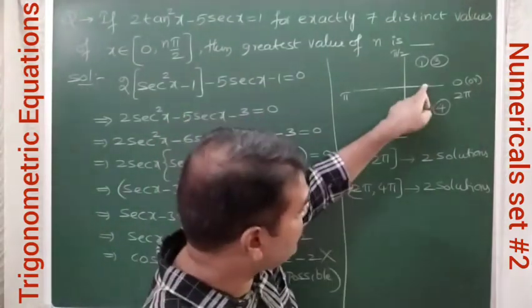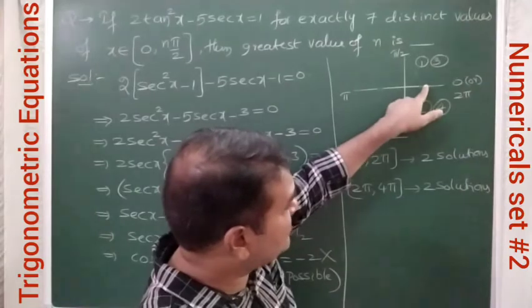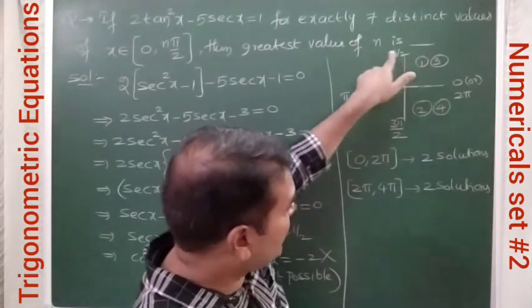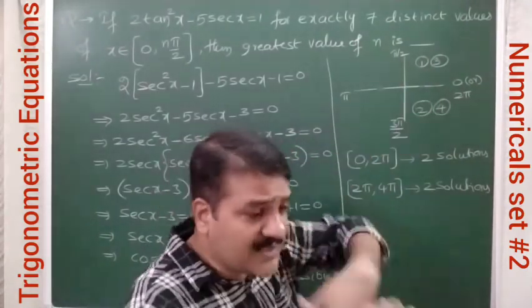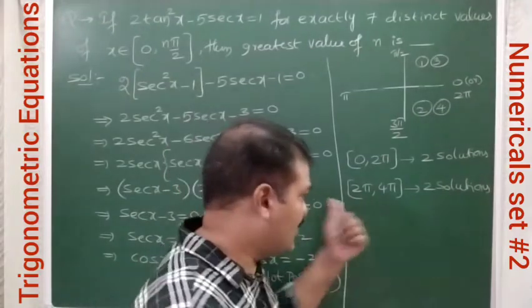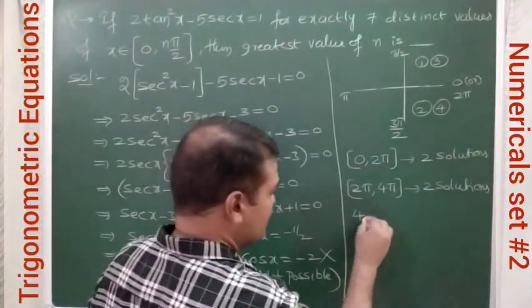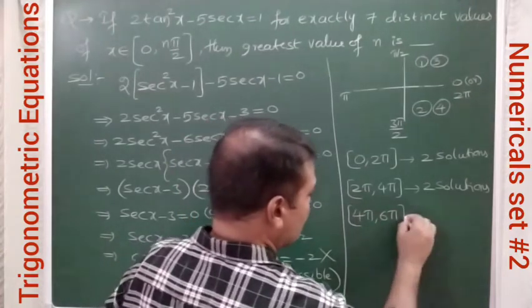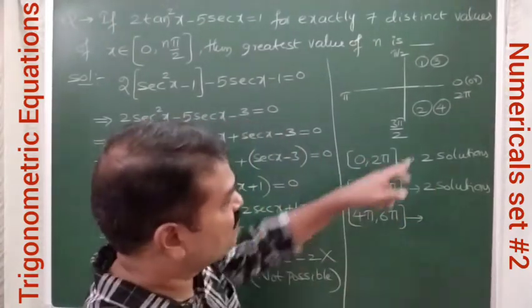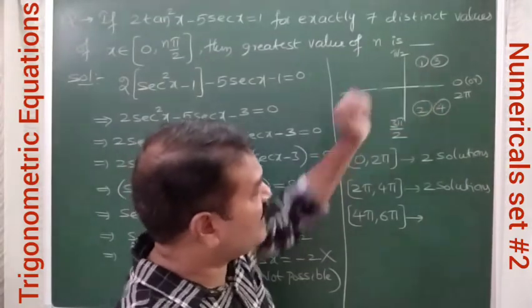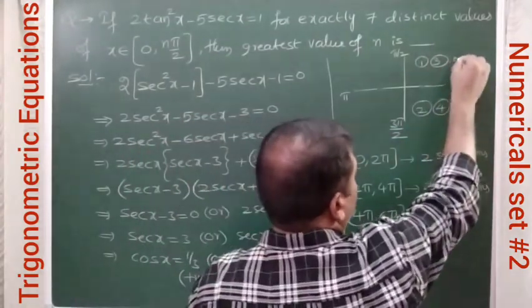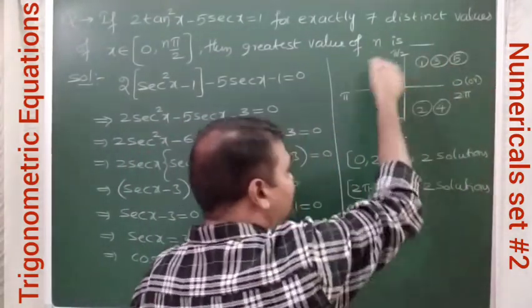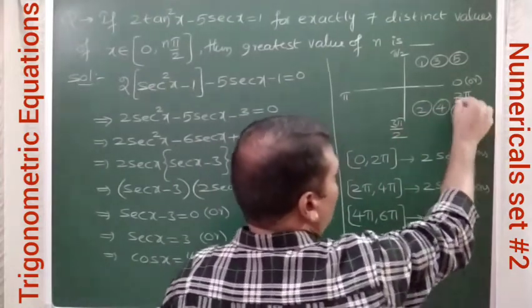Third cycle means again, starting from this point, if we move another cycle, another 2 pi radians we have to add to this. That means 4 pi to 6 pi. So in the third cycle, again in the first quadrant we get one solution, and in the fourth quadrant we get one solution.